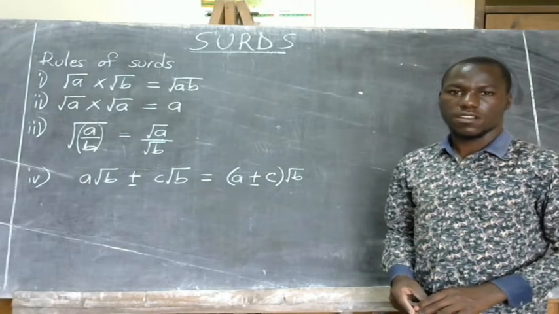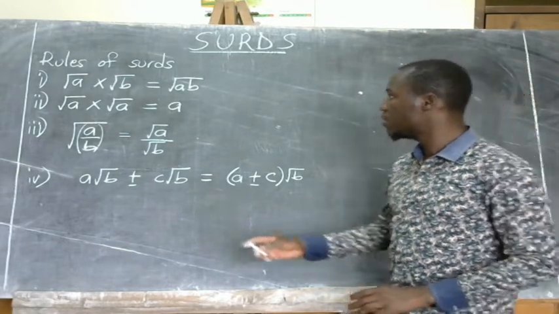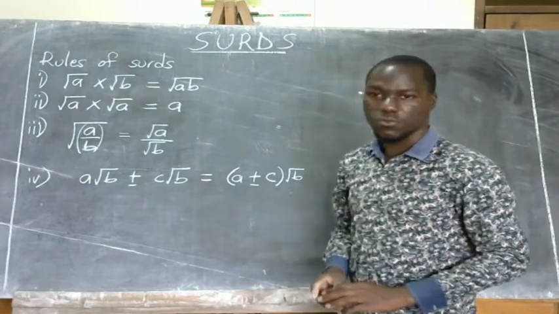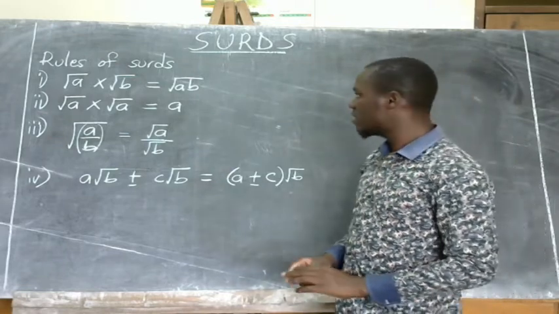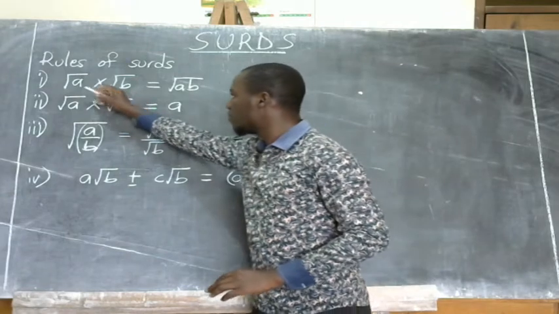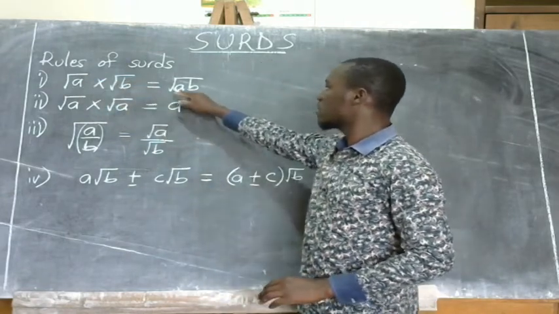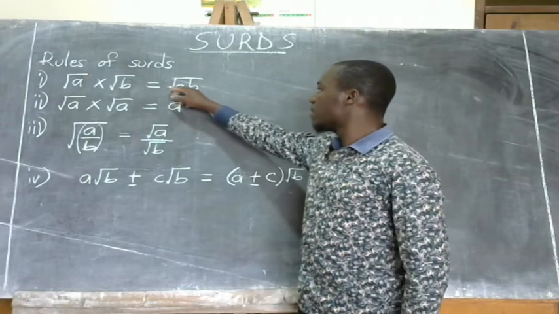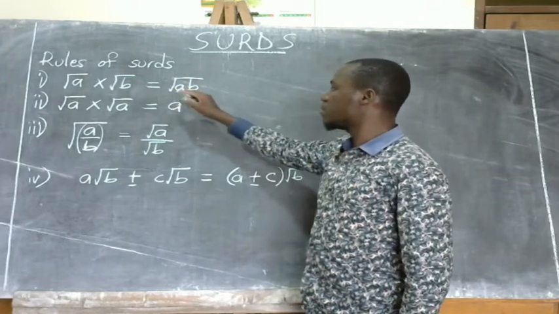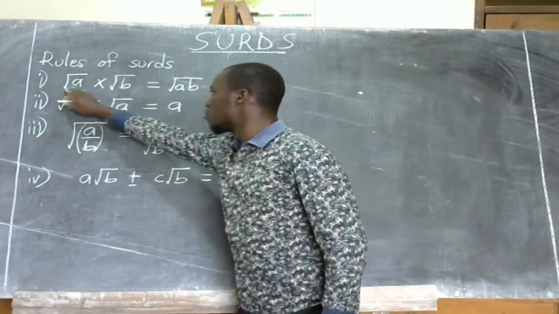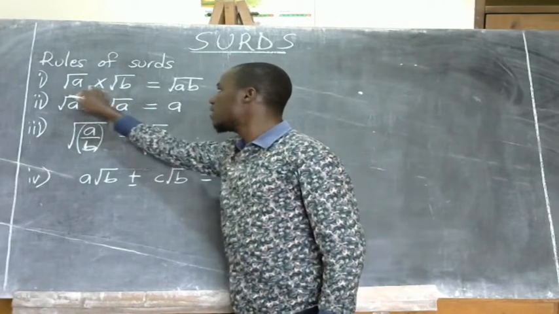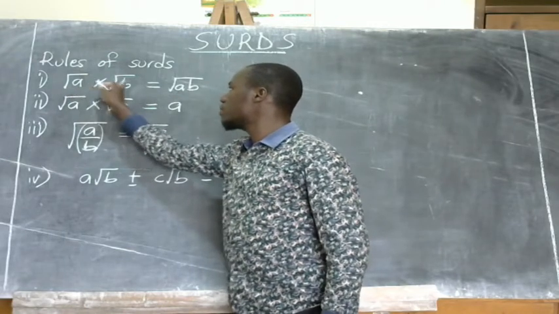We have some laws that we are going to be following as we are dealing with surds. First, if I have root of A times root of B, this can be the root of A times B. That is, the root is the same, so we are allowed to multiply those values.